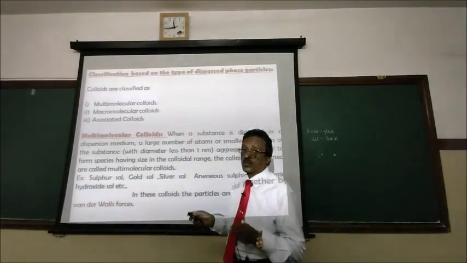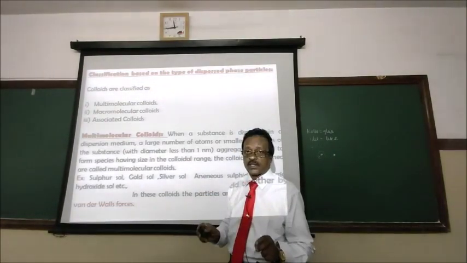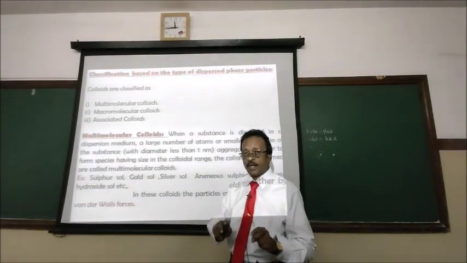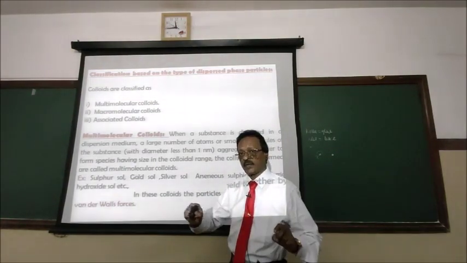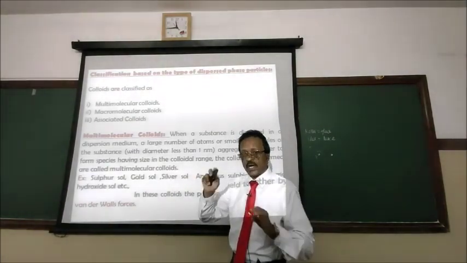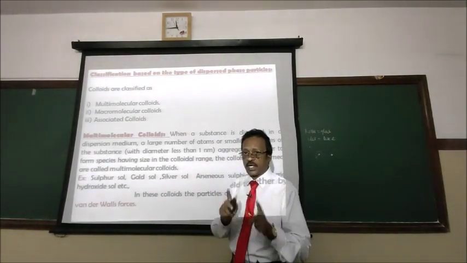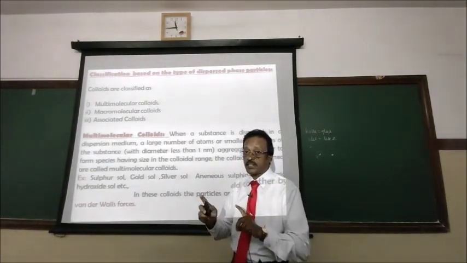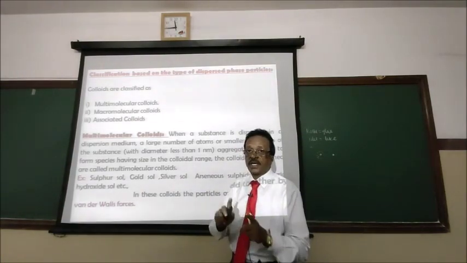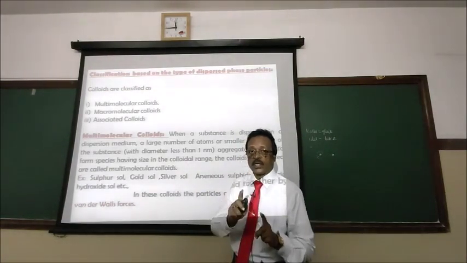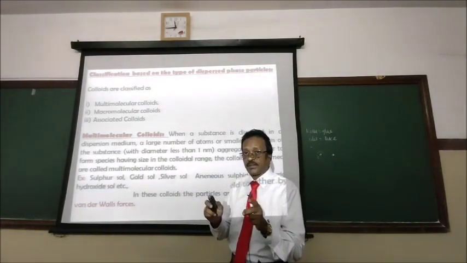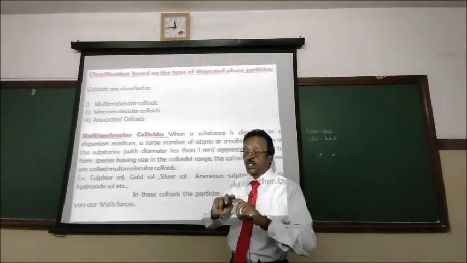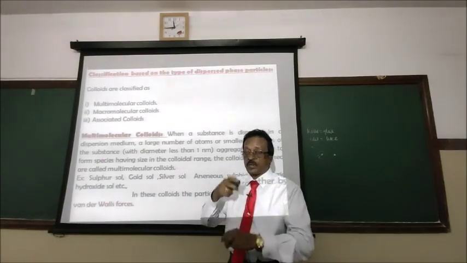Soaps and detergents are associated colloids. Soap is a sodium or potassium salt of a fatty acid. At low concentration, it simply behaves as an ion with a polar, negative charge. When the concentration is increased to a particular concentration, which we call the critical micelle concentration, CMC, at a particular temperature called the Kraft temperature, a large number of these ions associate to form a spherical molecule.